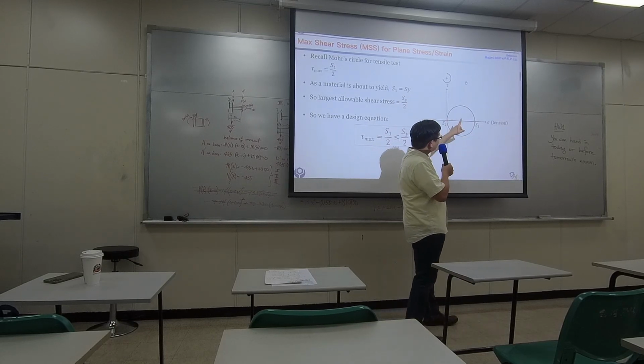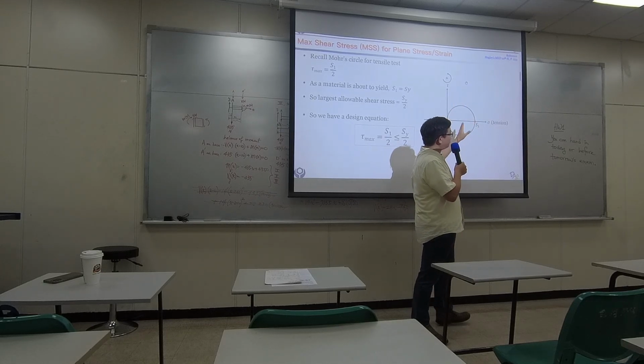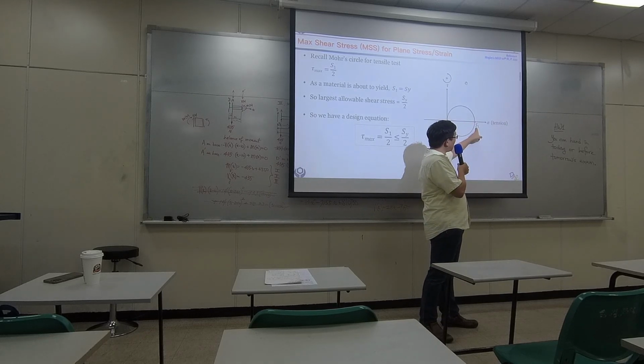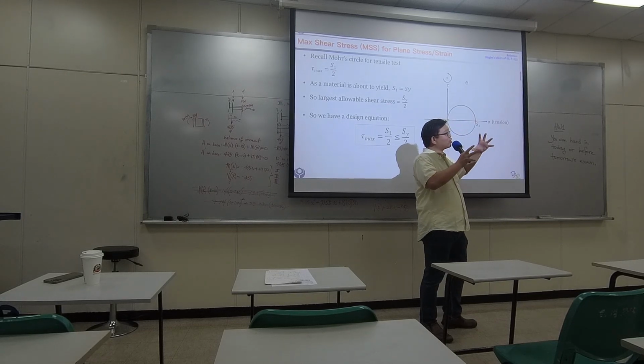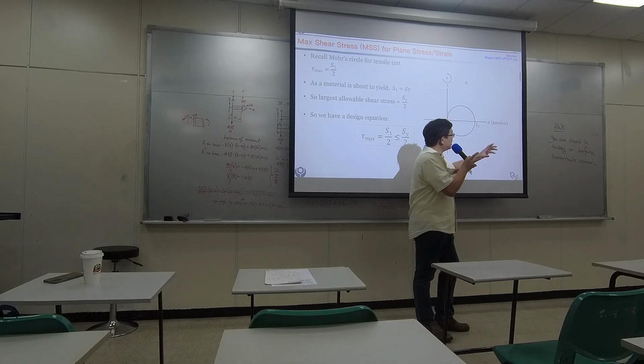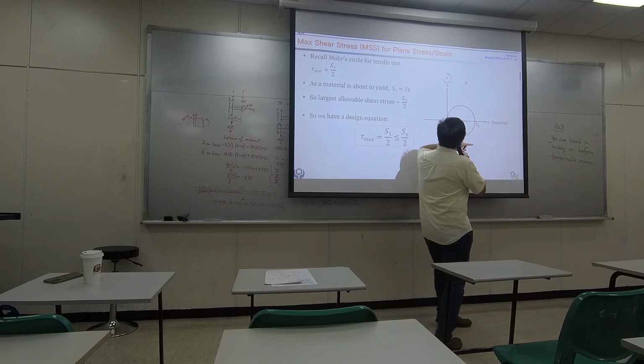That's why we don't want to see this Mohr circle be even larger than the size where this S1 becomes the yield strength. So the largest tensile circle, the Mohr circle you want to see, is when this equals the yield strength.